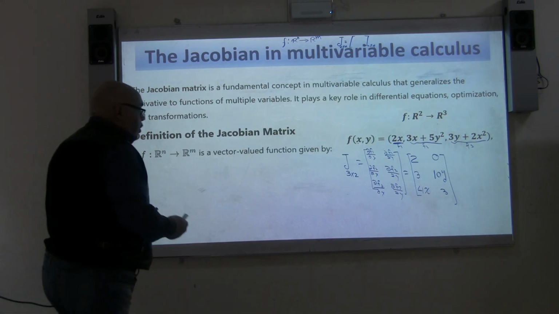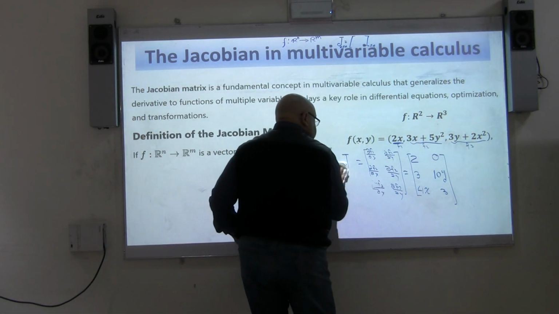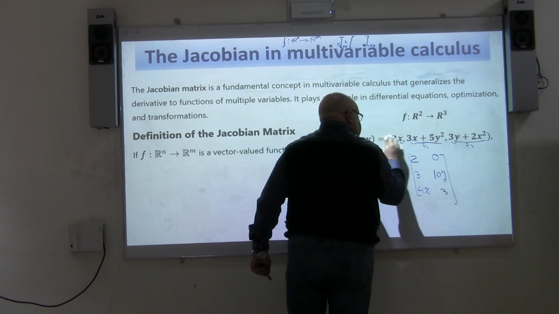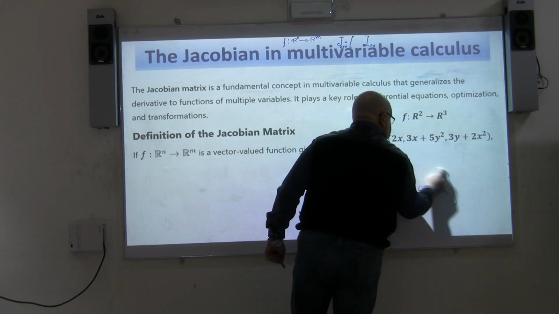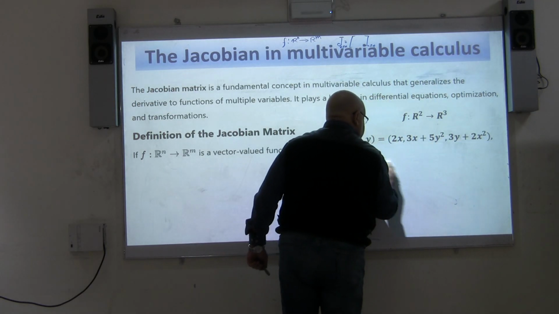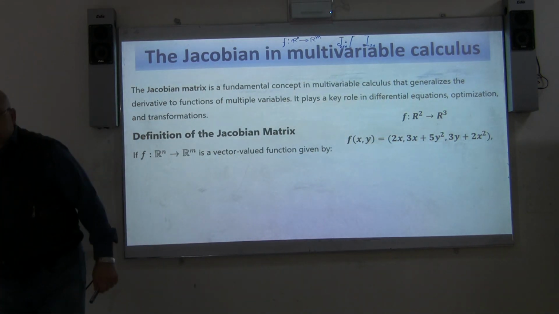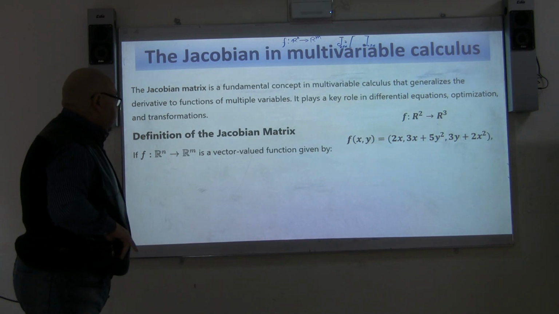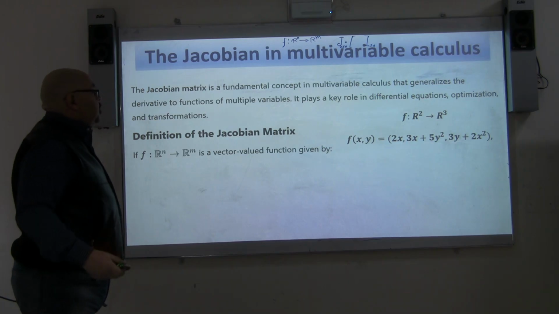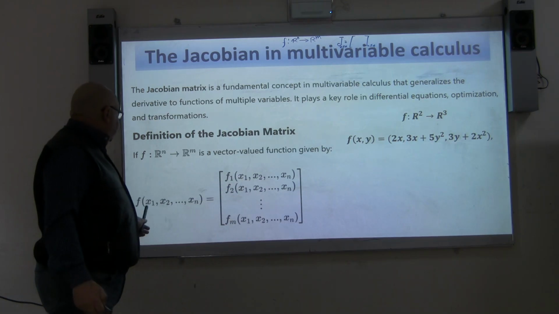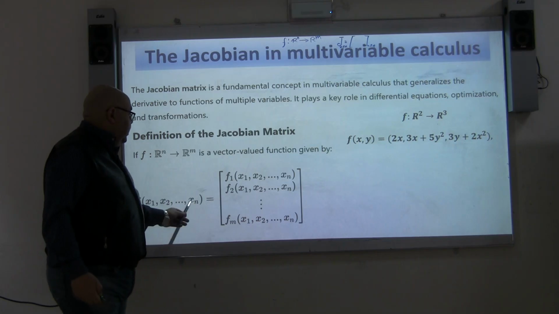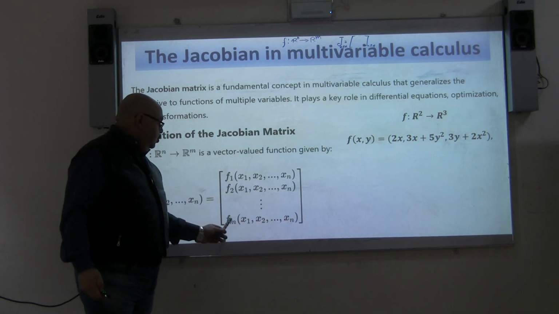Once more, I will use the Jacobian only in the cases of having functions in several variables, as you can see. So that's the general rule of f of x1, x2, up to xn. This is f1, f2, up to fn.